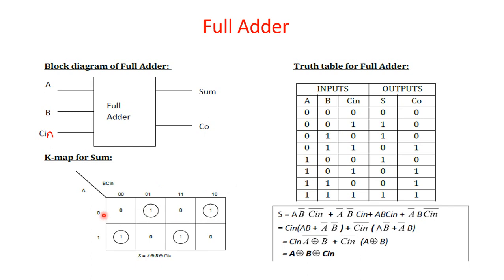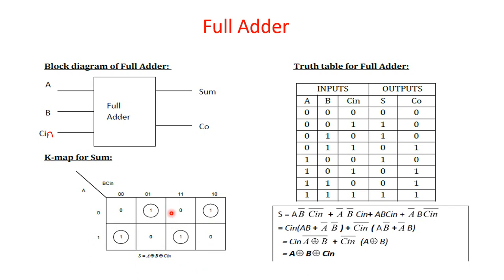For 0, 1, 1, sum is 0. For 1, 0, 0, sum is 1. For 1, 1, 0, sum is 0. For 1, 1, 1, sum is 1.